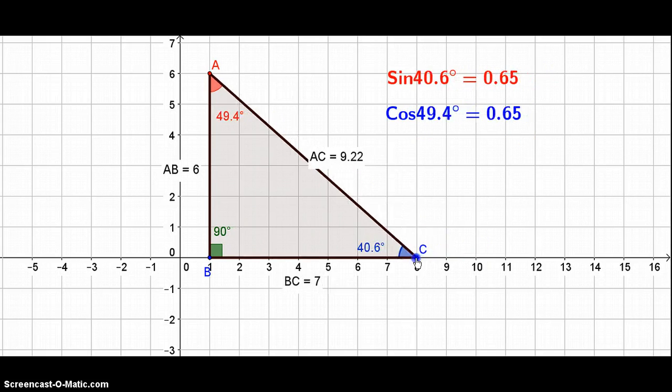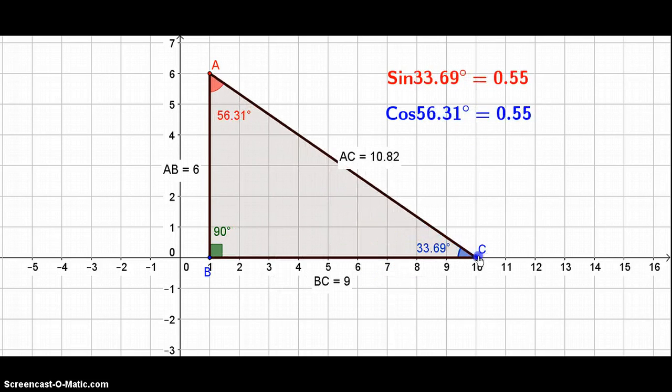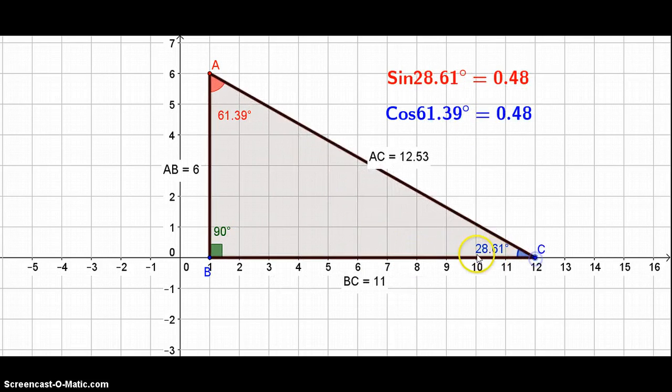If I change this value to this, cos 45 and sin 45 will give us the same value. If I change it to, let's say, this, 28.61 and 61.63, when you add these two values, you get 90 because here's 90. And you can see that the sine of 28.61 is the same as the cos of 61 point that.